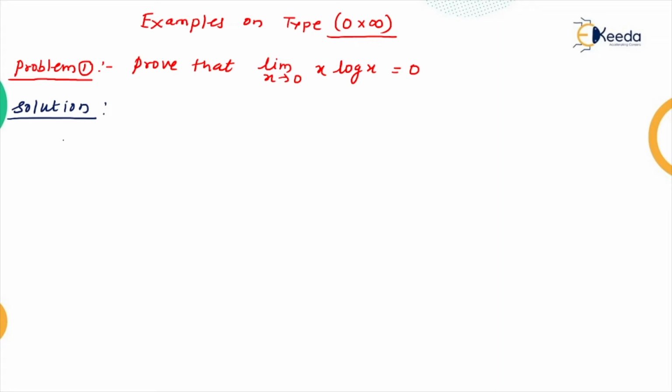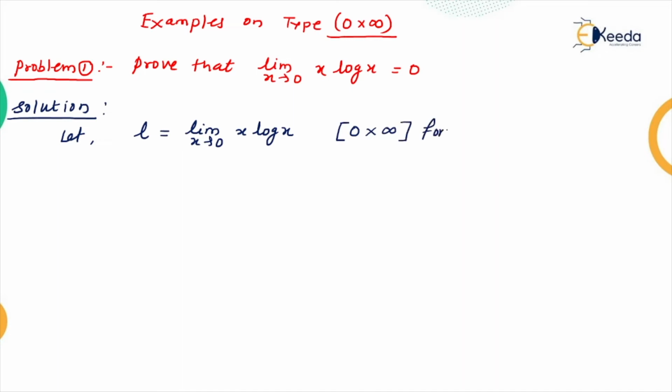Let L be equal to limit as x tends to 0 of x into log x. You have to check: if we replace x by 0 in this limit, we get 0 into log 0, and log 0 becomes infinity.